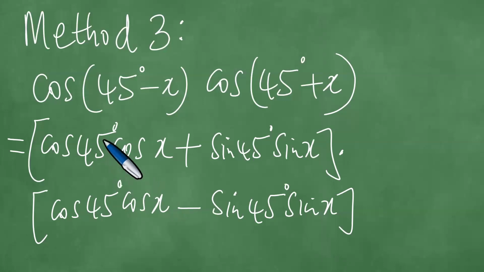So the cosine of 45 degrees minus x can be expanded like this using compound angle formulae, and the cosine of 45 degrees plus x can be written like this.